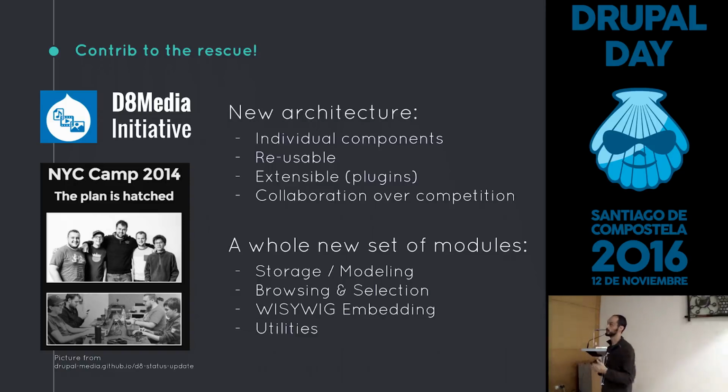And this was at DrupalCamp New York 2014, where they decided to change the underlying architecture dealing with media. Now the architecture is based on individual components instead of having a big module that does everything, like media in Drupal 7.